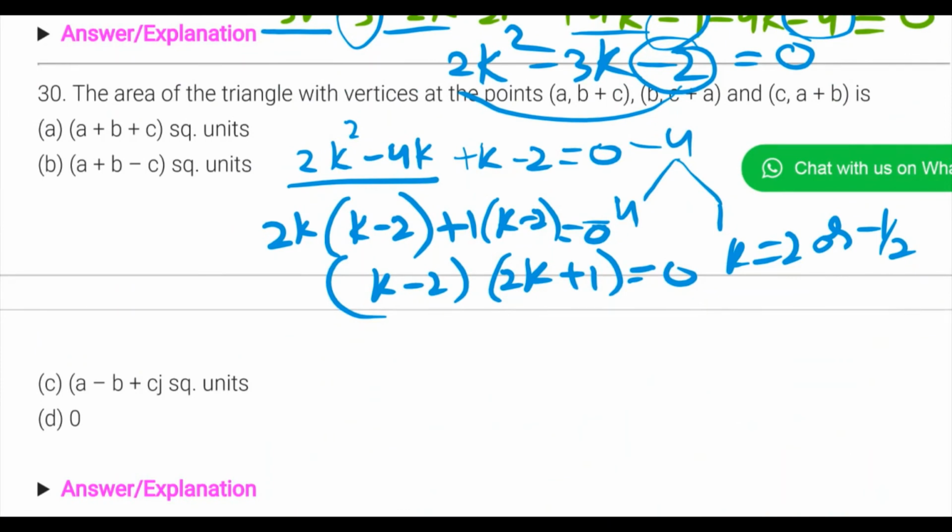Next is the area of the triangle with vertices A, B plus C, B comma C, C plus A, and C comma A plus B. Apply the area of triangle formula and find that.